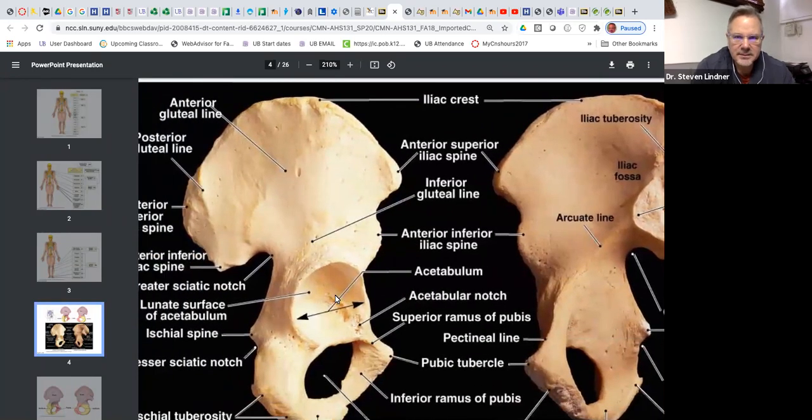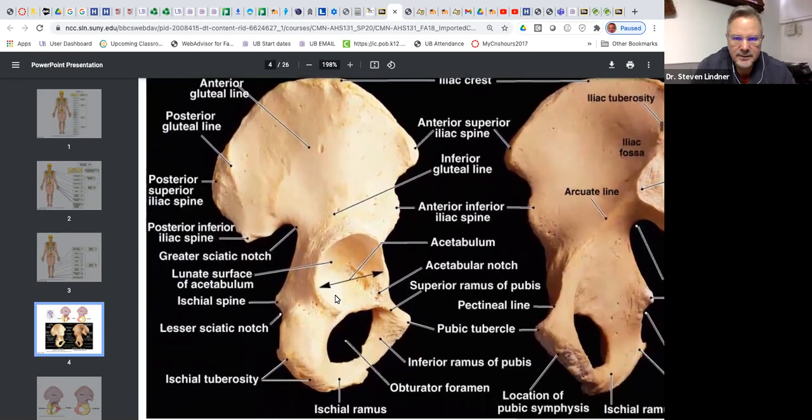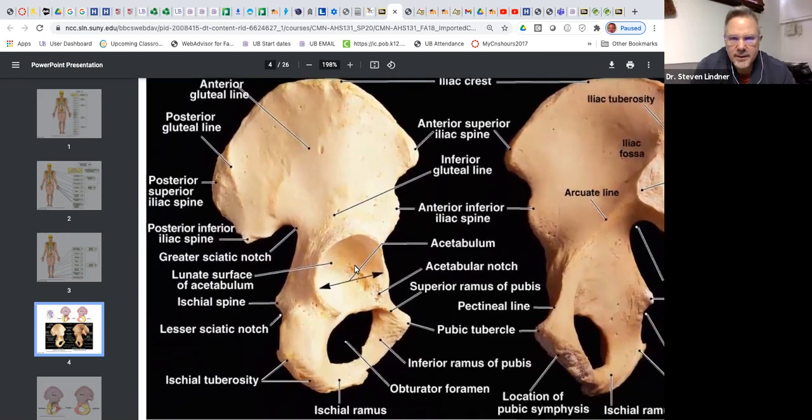Okay, so now let's look at the actual bone. And we can point out some landmarks here that I think are of significance and importance. So we already covered the name of this bone is the ilium. This is the acetabulum. In the front is the pubic bone. And there's a little bump there called a pubic tubercle. Yes, you can see it on both views here. This is the ischial tuberosity.